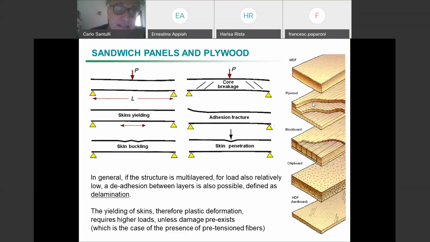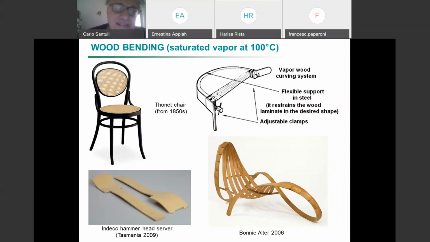It is interesting that in case of wood, we passed from craftsmanship, which was the one I was mentioning with Tonet, to the industrial production, and therefore some simple solutions like this one, the steam wood bending system with a flexible supporting steel. You know, we are in 1850, and so there was no problem to make some flexible supporting steel.